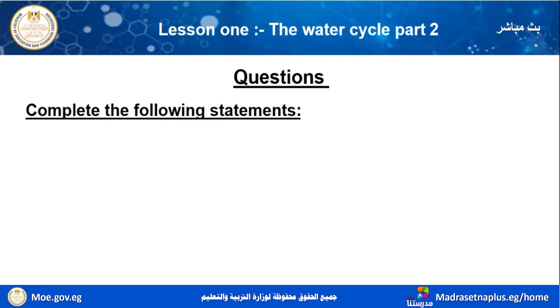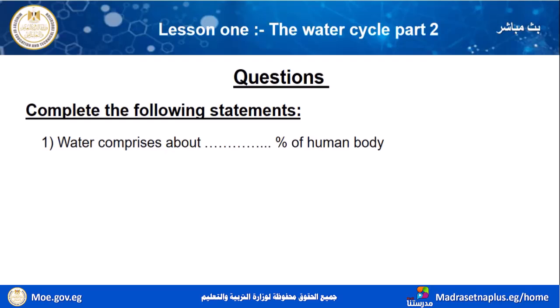Other questions: complete the following statements. Number one. Water comprises about 70 percent of the human body. We said all living organisms must drink water for many reasons. For the human body, water comprises about 70 percent because water is very important in all vital processes done in the human body.